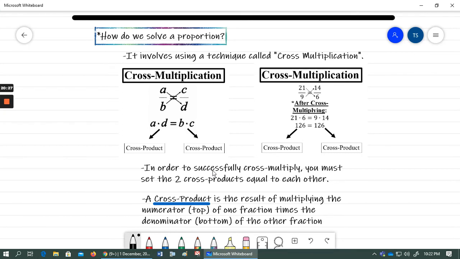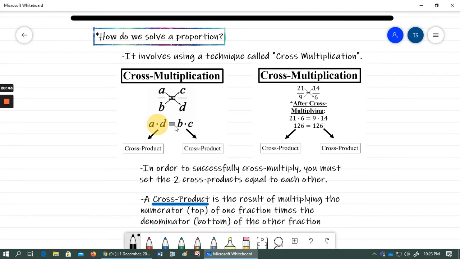In order for you to successfully cross multiply, you have to set the cross products equal to each other. Now, if you don't know what a cross product is, that's going to be very important. You can see that I've got this product here that's equal to this product, right?